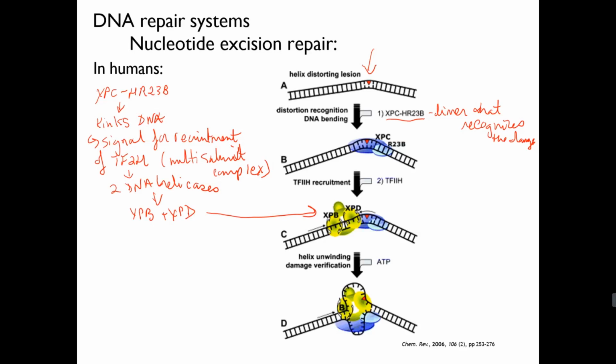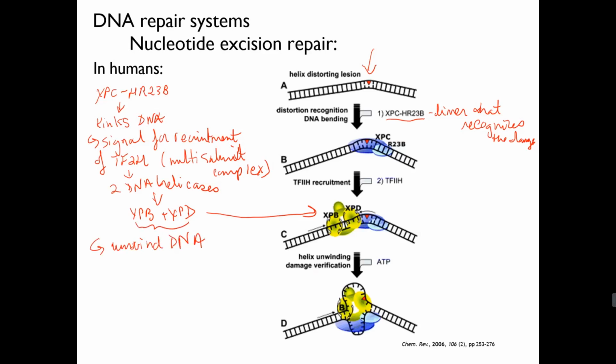And what do DNA helicases do? They pull the strands of the DNA apart, so they unwind the DNA. So after recruitment of these DNA helicases, there's a helix unwinding step. Okay, so these two will then unwind the DNA.